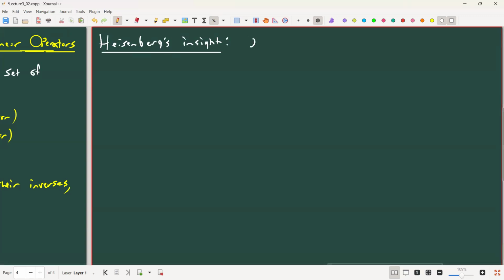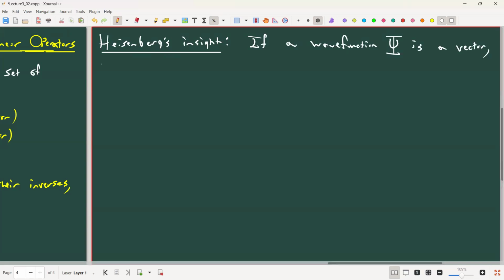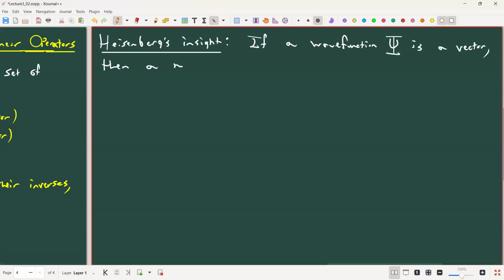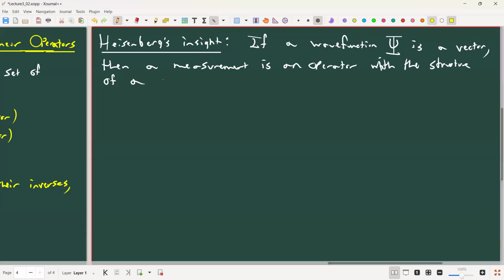But Heisenberg's insight is this. If a wave function is a vector, then a measurement is a linear operator, an operator with the structure of a matrix.